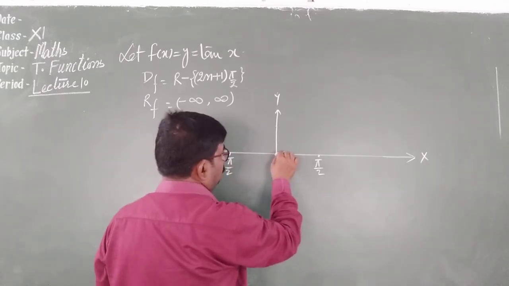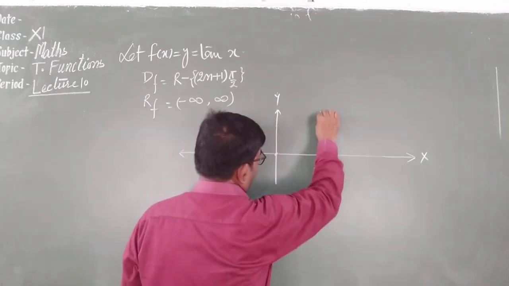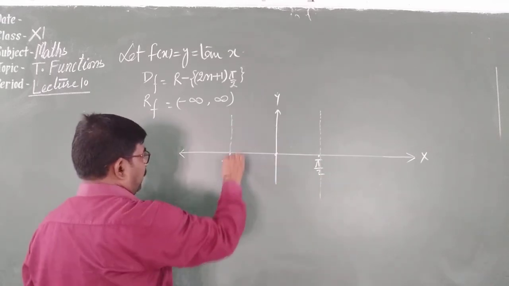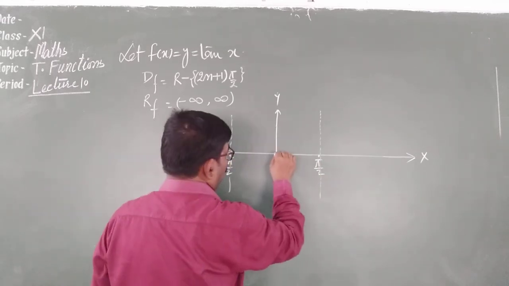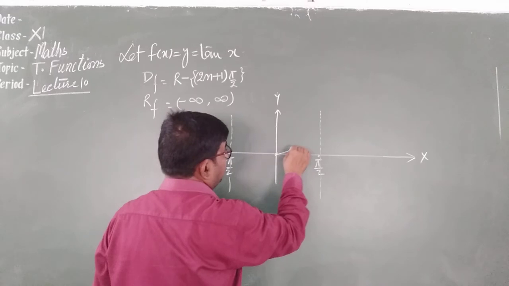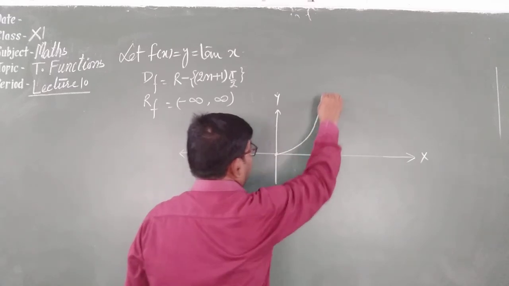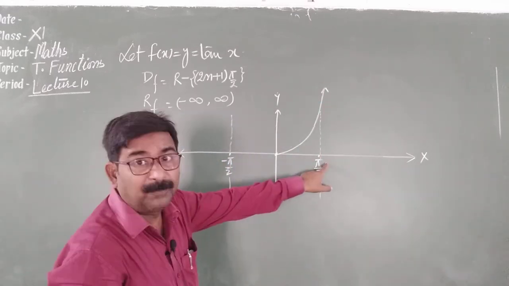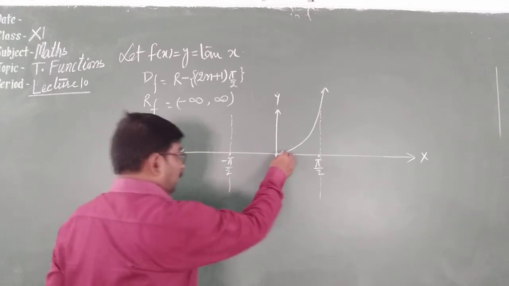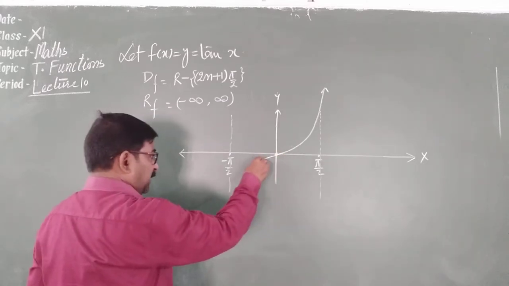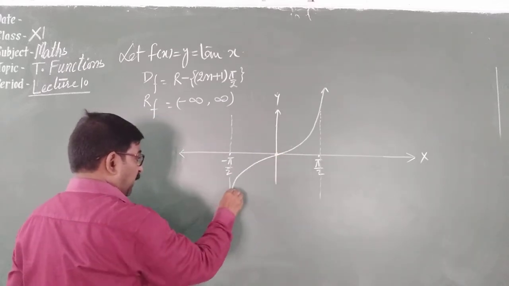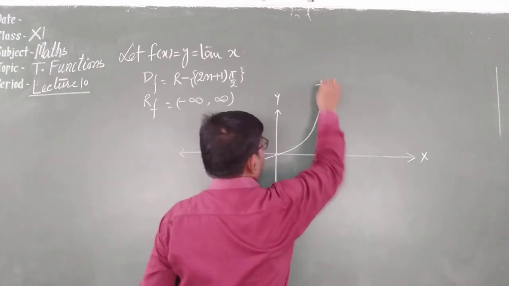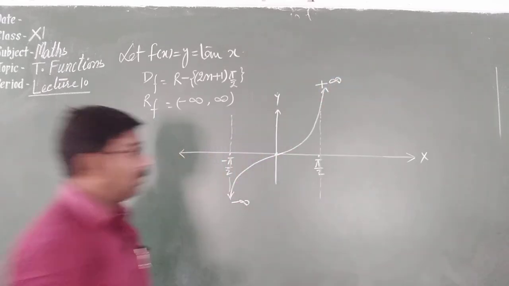At 0 it is 0, and suppose this is a vertical line. So this graph will go increasing and go to infinity. At tan π/2 it is infinite, and here decreasing it comes from minus infinity, and this one goes to plus infinity. This is how we plot the graph.